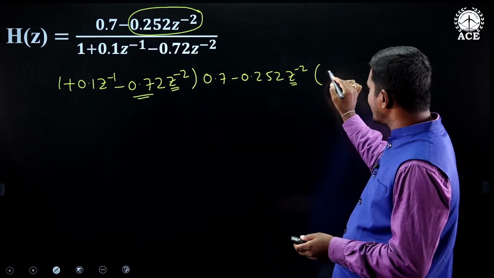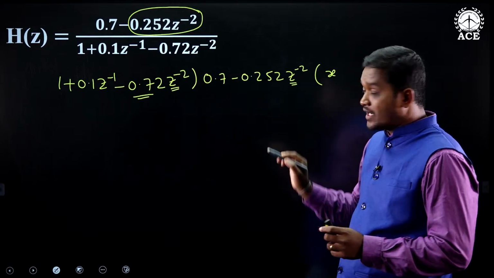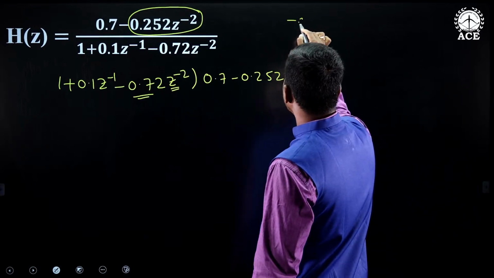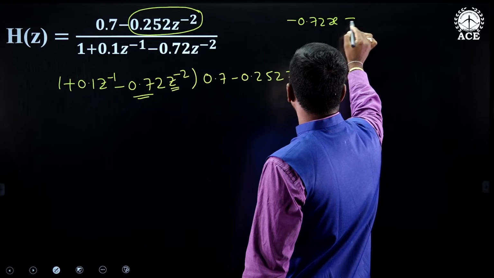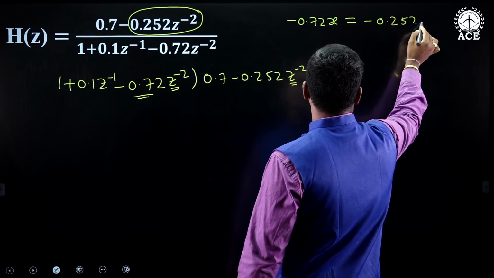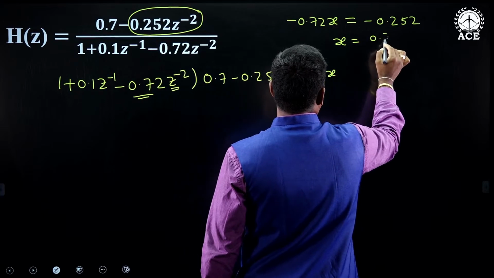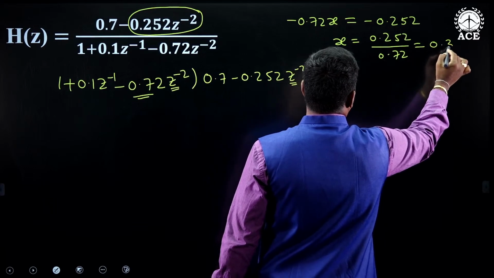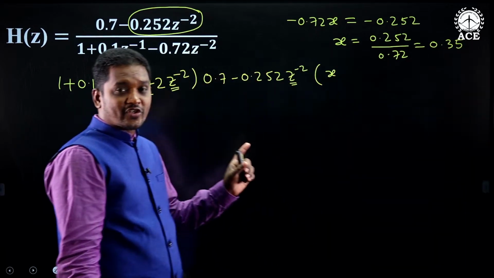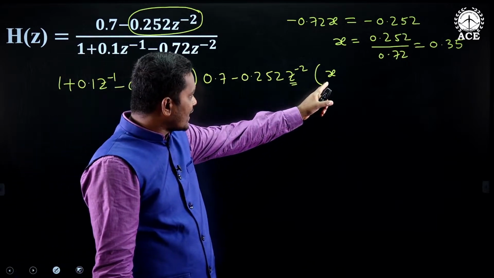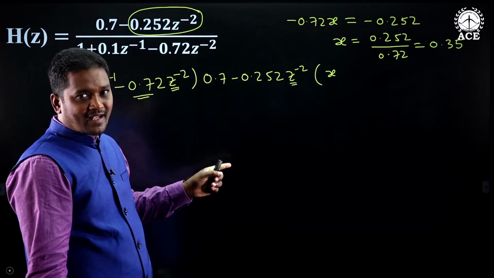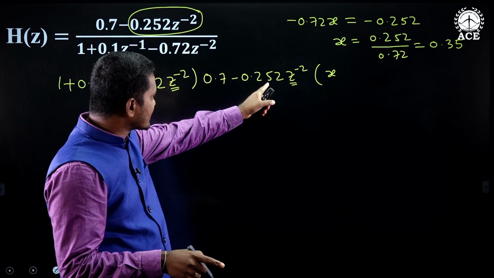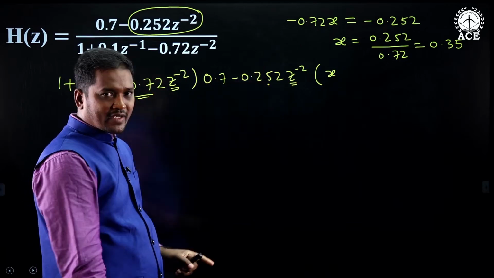Means minus 0.72 into x equals minus 0.252. Then what is x? 0.252 by 0.72, you will get 0.35. Means if I take 0.35 here, then only this term is going to be cancelled. Understood the logic?